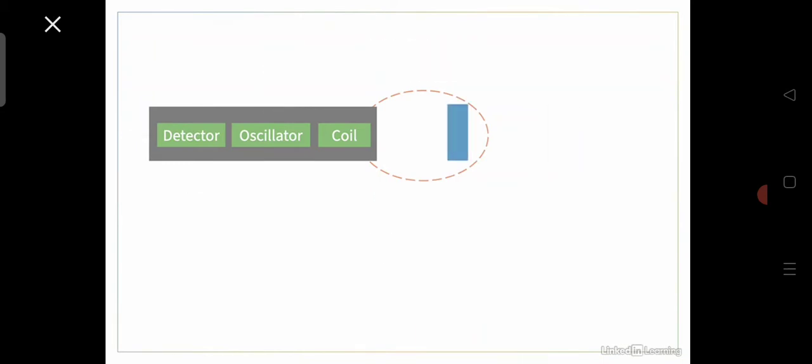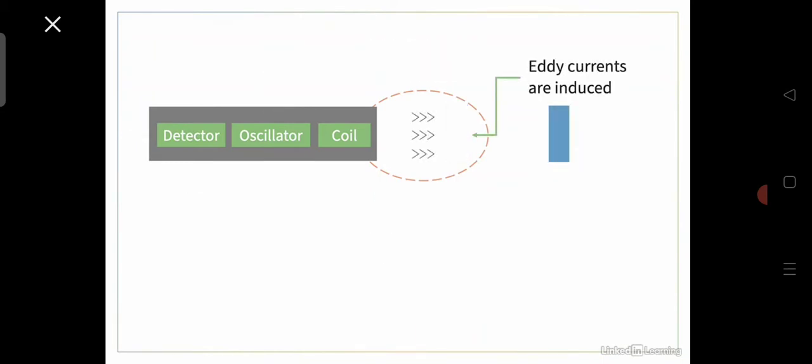Now, to go a little bit in depth, once a metal object enters the magnetic field, an induction current or eddy current flows in the target caused by electromagnetic induction. So, eddy currents are induced on the surface of the object.